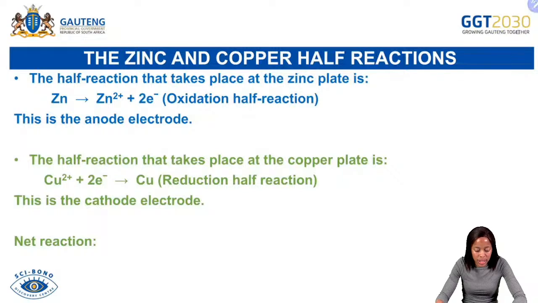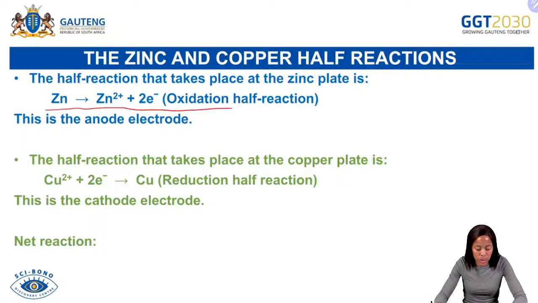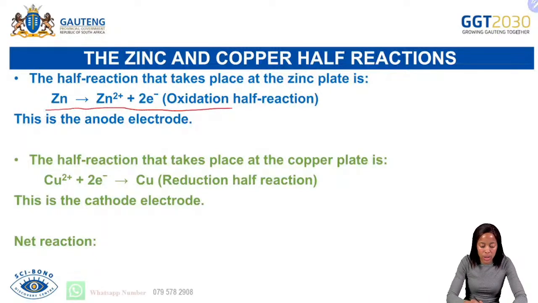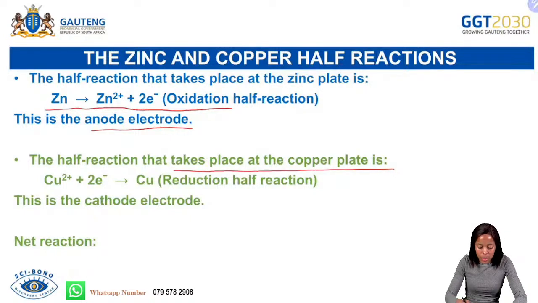The half reaction that takes place at the zinc plate is written from the right to the left. This is now the anode electrode, the oxidation half reaction.